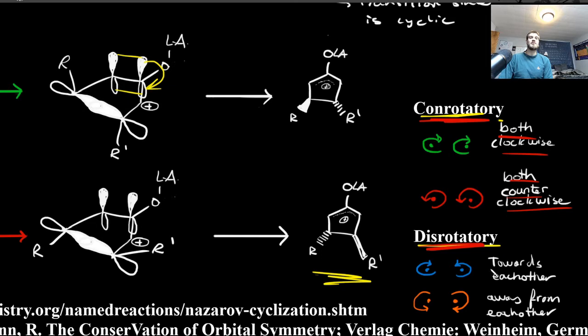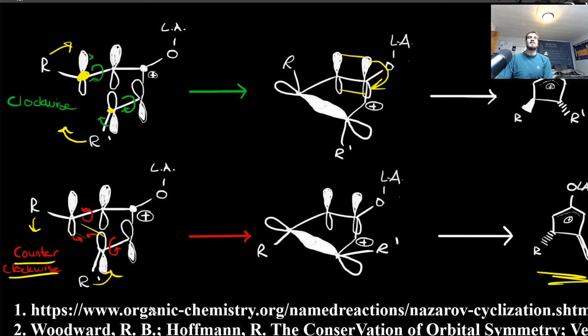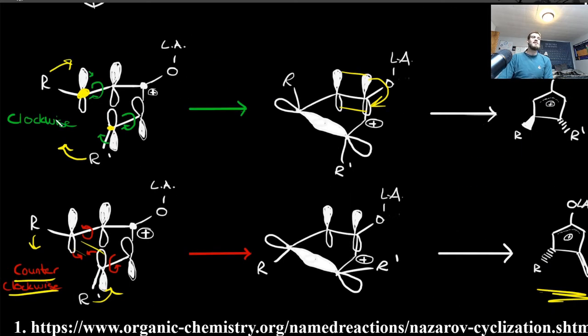Disrotatory is the opposite, so they move either towards each other or away from each other in opposite directions. So in the Nazarov cyclization, we have either a clockwise or a counterclockwise movement, because we're in a con-rotatory type of movement.